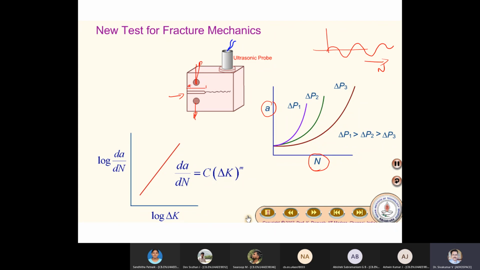When I apply the load, I continuously monitor using an ultrasonic probe, keep on watching the crack growth. You can see this particular graph is plotted: the number of cycles with respect to crack length.